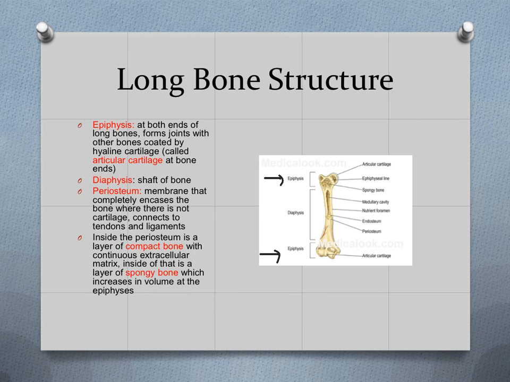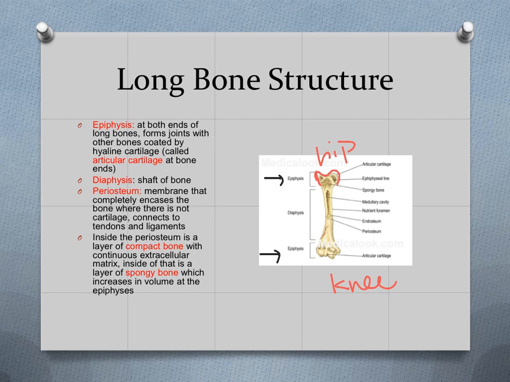So both of those are covered by a structure called cartilage, which is smooth and slippery, and it helps to protect those ends because at this end you would have a hip, and at this end you would have a knee. So there's lots of action happening there. There's lots of movement of bones near one another. The cartilage helps to protect those bones from rubbing on each other.